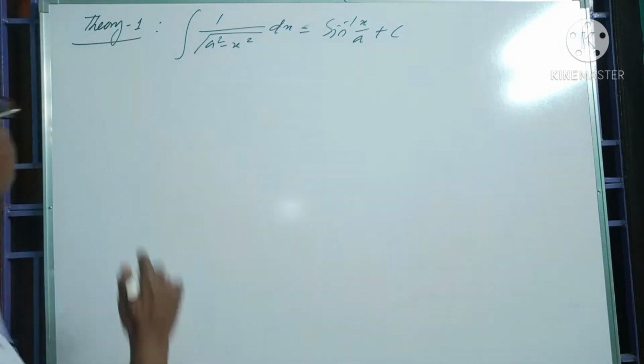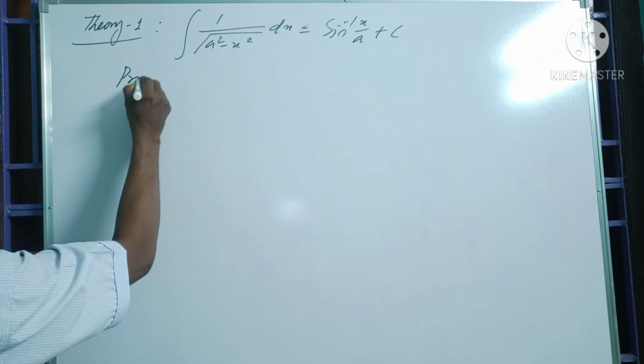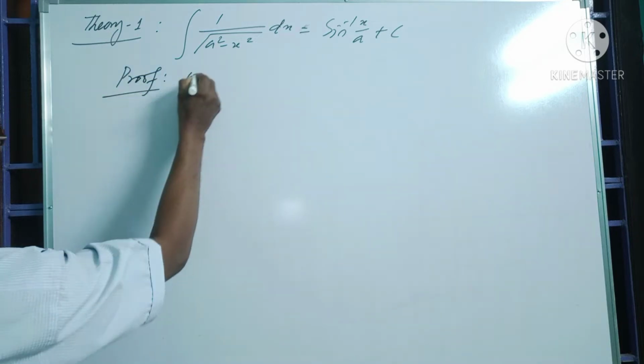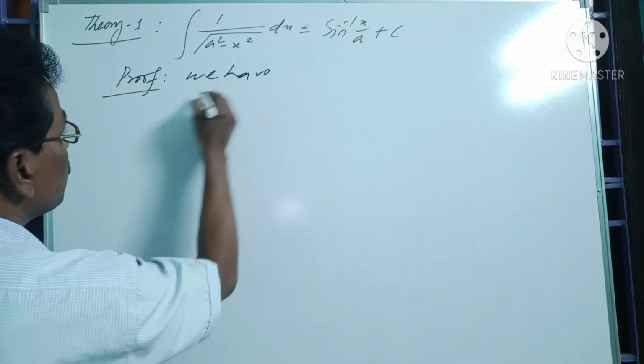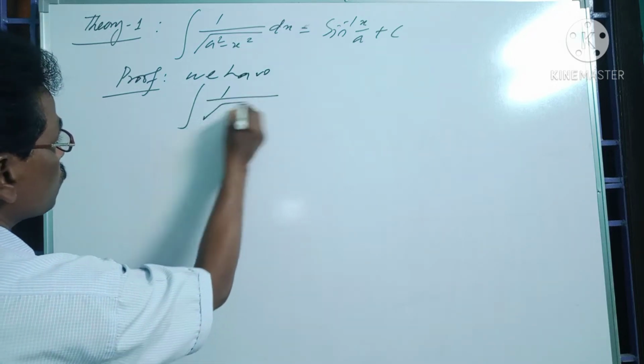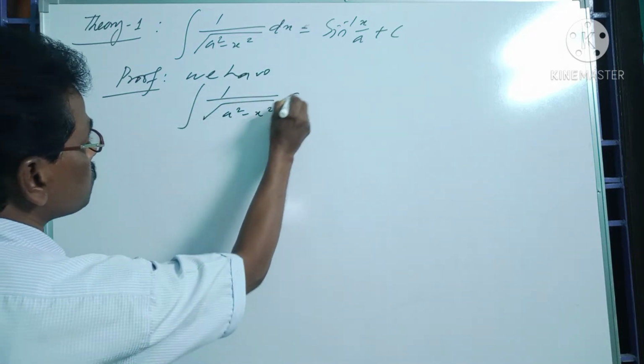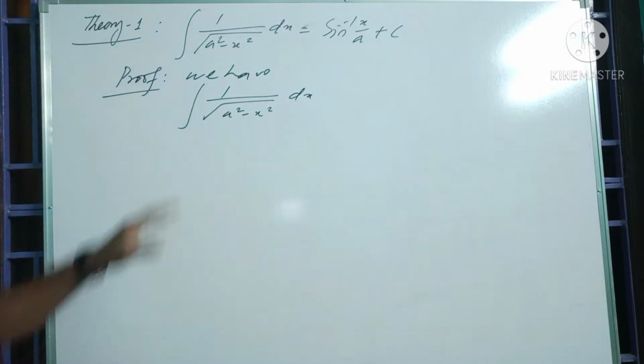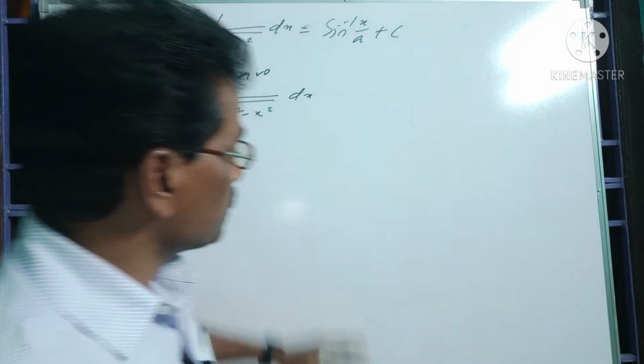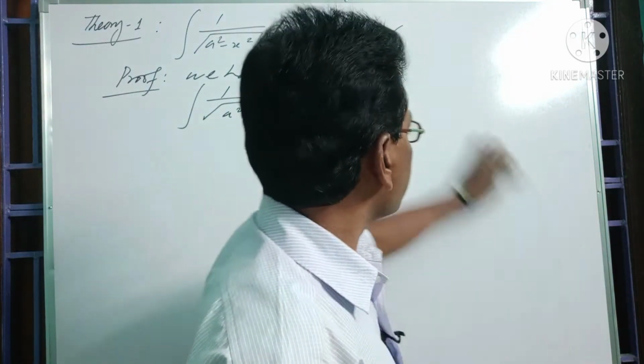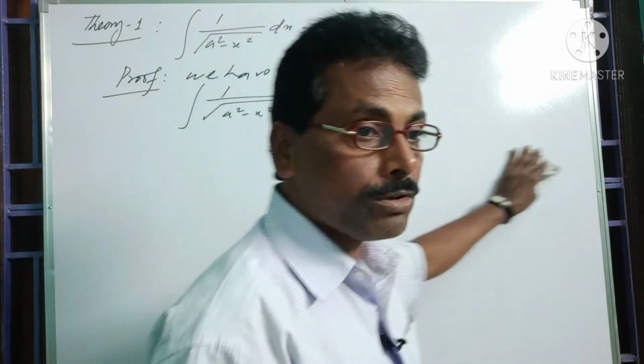So we have to integrate the given integral, that is integration of 1 by root over of a square minus x square with respect to x. To integrate this integral, we can substitute either x is equal to a sin theta or x is equal to a cos theta.